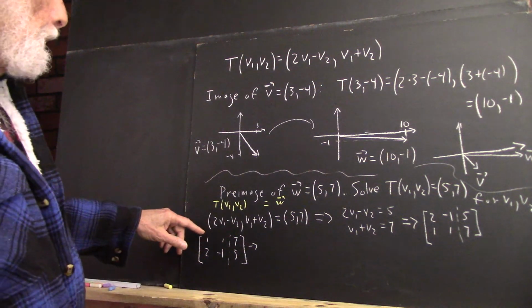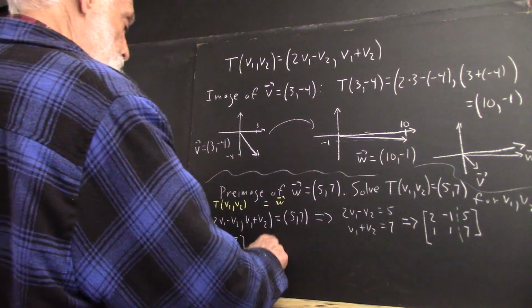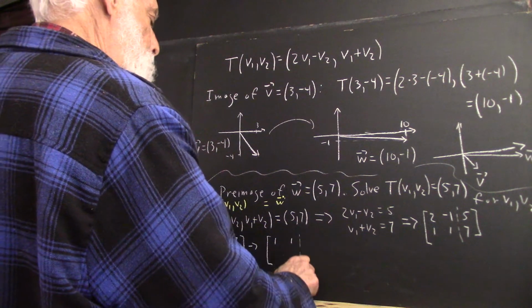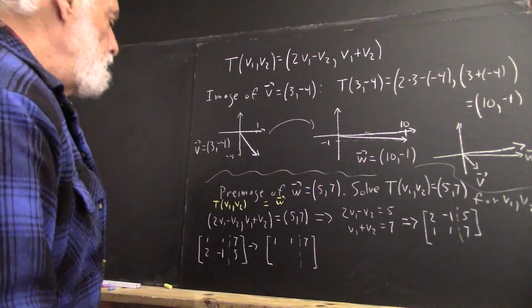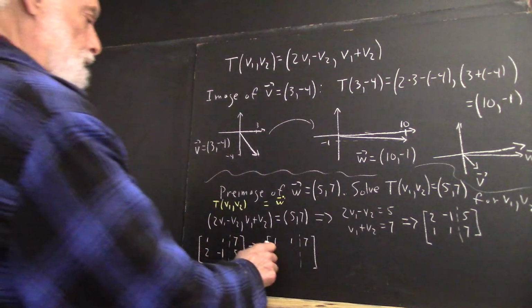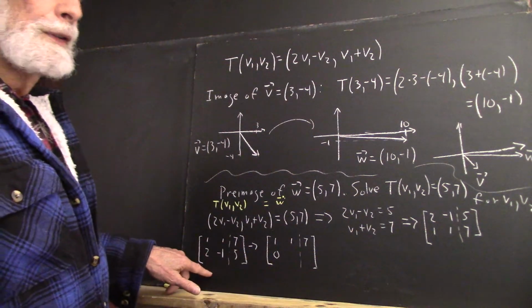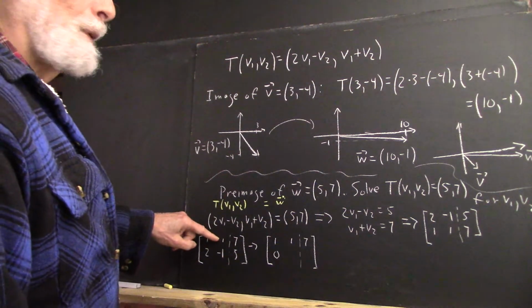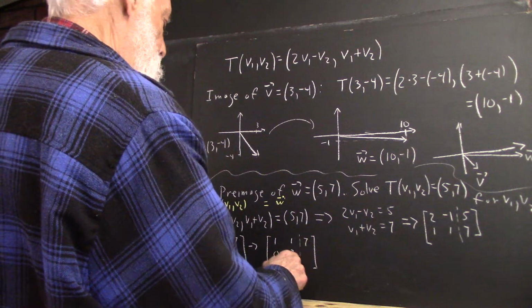Then we're going to subtract 2 times the first row from the second. That's easily done, even though I might screw it up, so watch me. Obviously if I subtract twice the first row from the second, I'm going to get 0, because that's why I subtracted 2 times the first row from the second. And then 2 times 1 subtracted from negative 1 is going to give me negative 3.